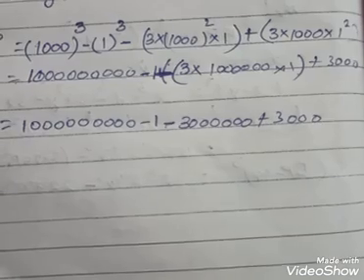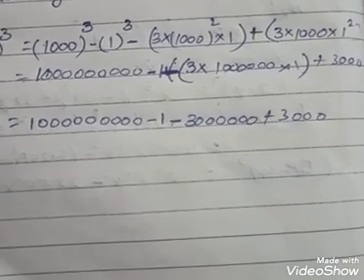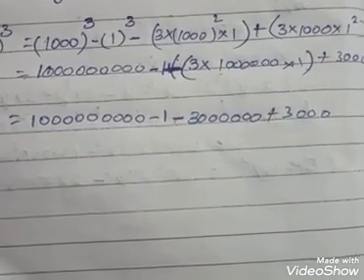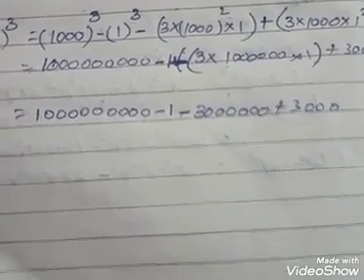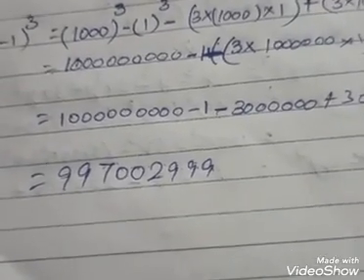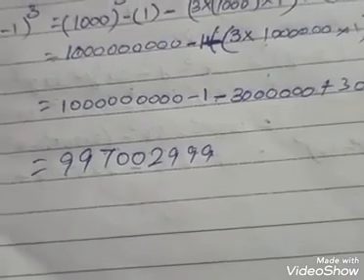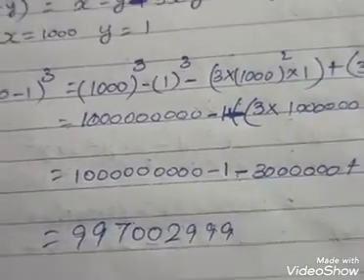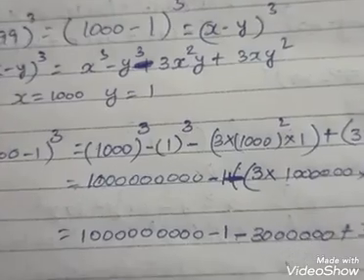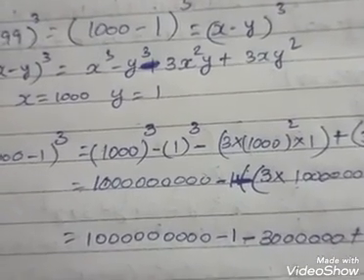Now you should normally add and subtract the values and you get the final answer. So the value is 99 crore 70 lakhs 2,999.